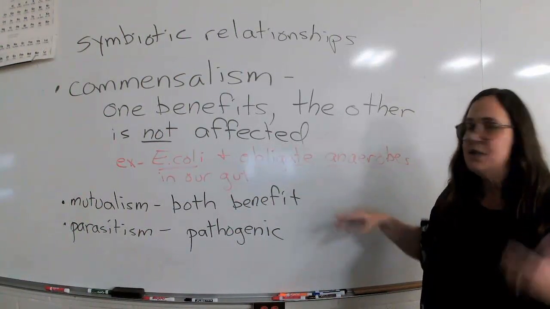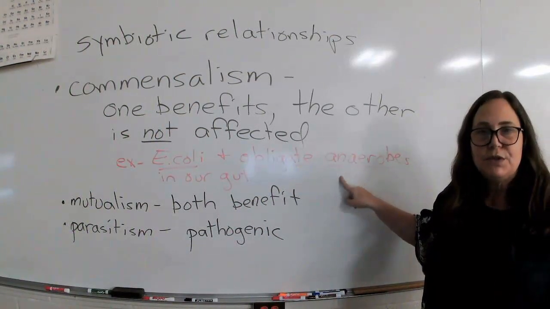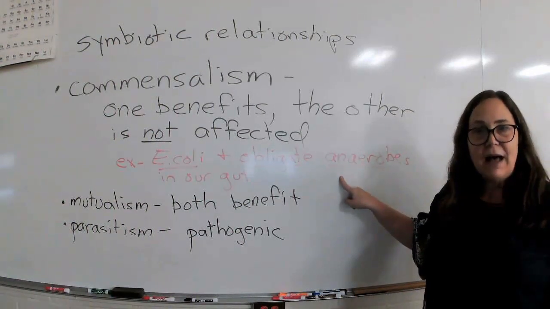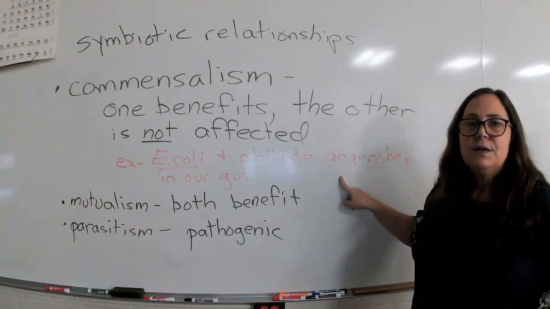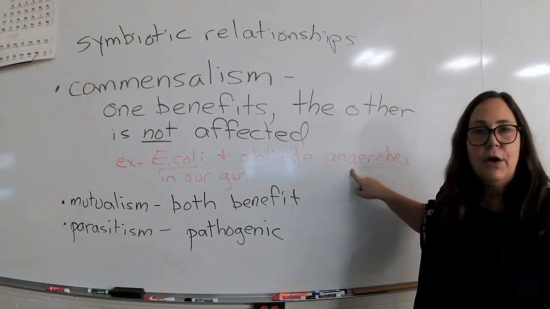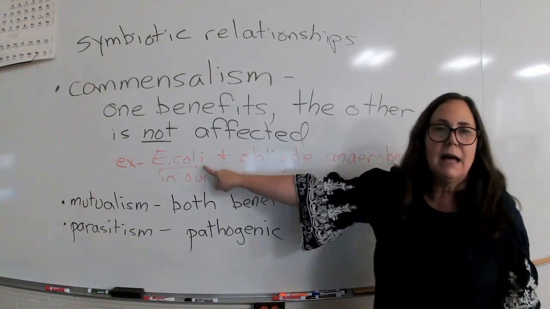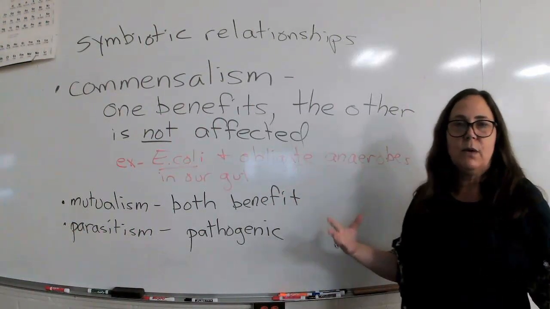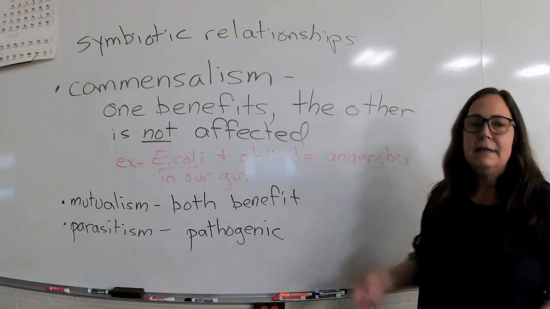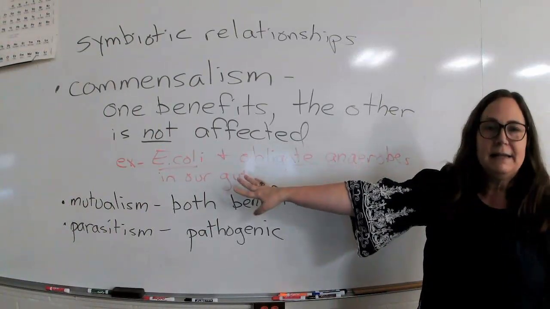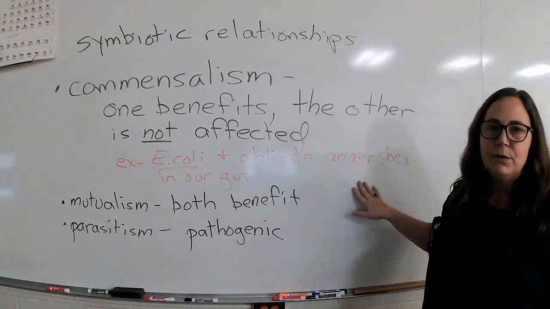They use up all the oxygen so that the vitamin-producing bacteria can survive, because if there was oxygen present, they would die. So the obligate anaerobes benefit. The E. coli really aren't benefited or harmed by the relationship. That's just how they naturally live. And so they're unaffected by the obligate anaerobes.